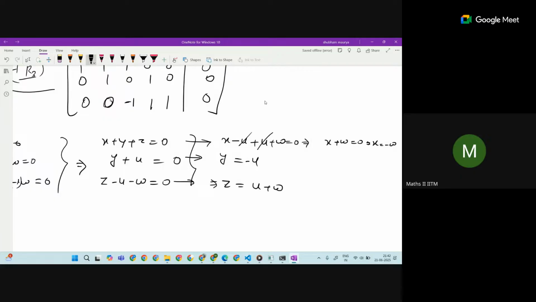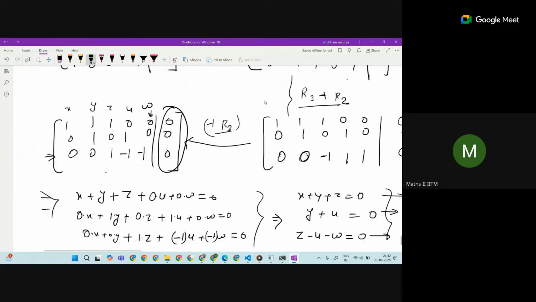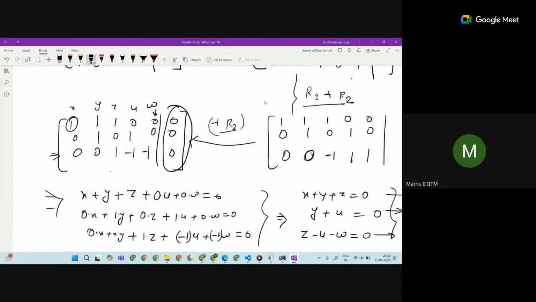So this tells you u and w are free variables. To know the free variables, look at where the leading ones are; those variables are not free. Free variable means independent variable, and dependent variables are those which have a leading one.